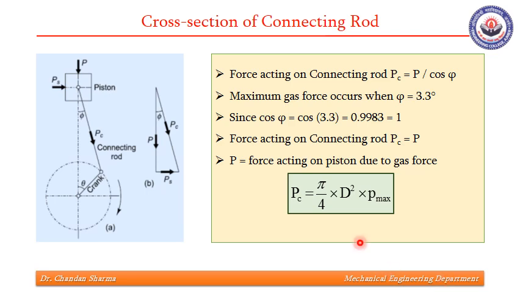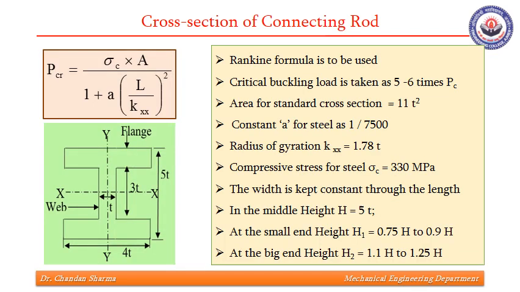So PC is pi by 4 d square into Pmax. Now, since we are designing it treating it as a column, we'll use the Rankine formula, which is PCR equals sigma C A over 1 plus a (L upon Kxx) whole square. Here sigma C is the compressive stress, A is the area of cross section, and a is a constant that depends on the material of the connecting rod.